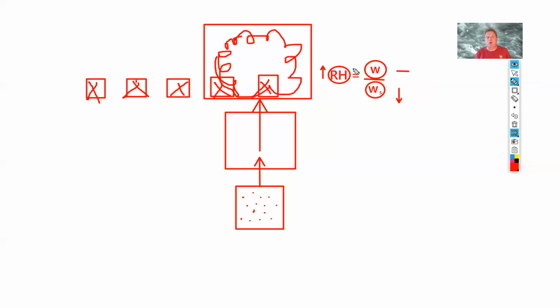So the cloud is where water vapor first starts to condense. Now what that means is we have what's known as the LCL, which is called the lifting condensation level.